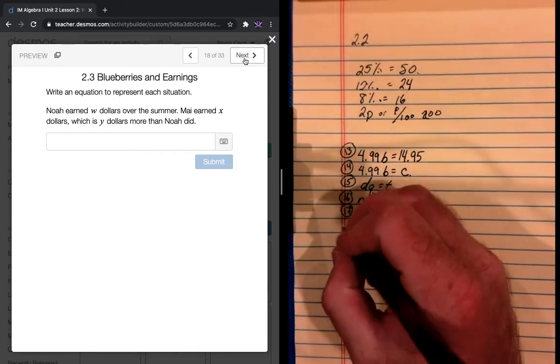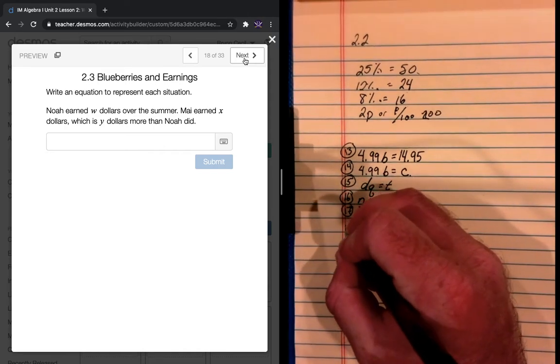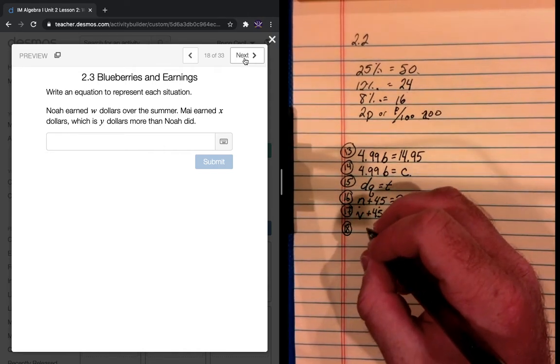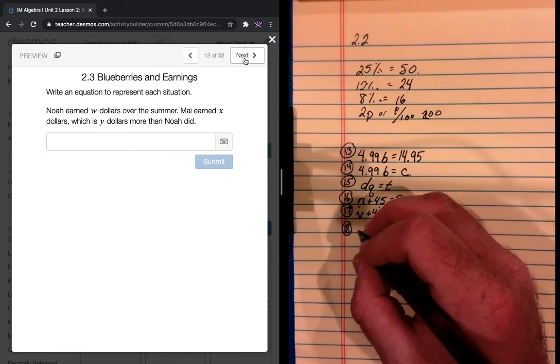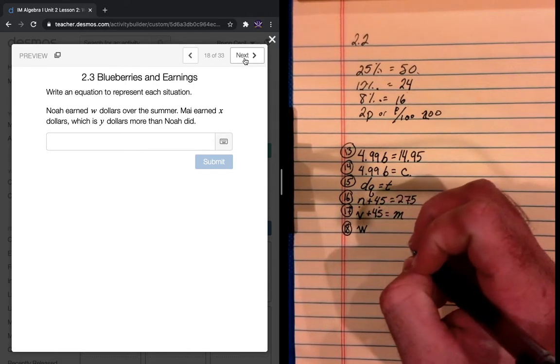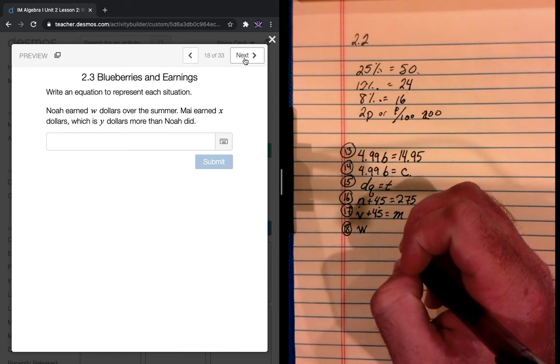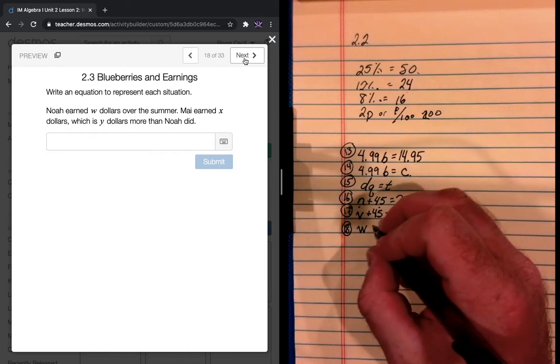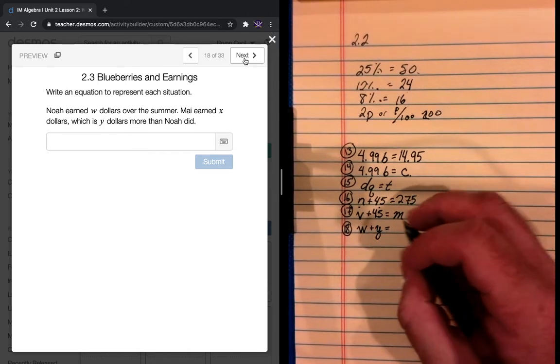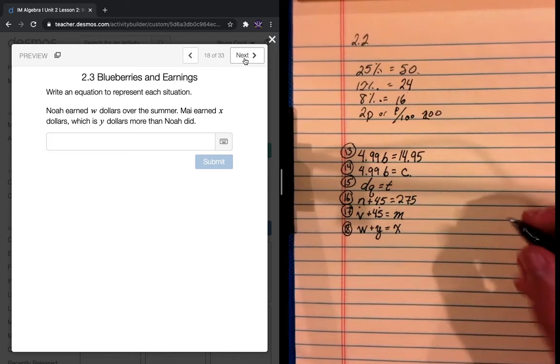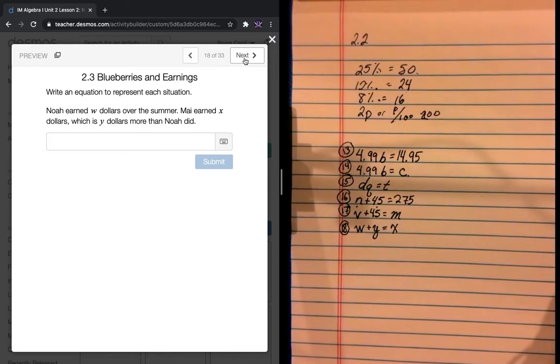And now to put it all together with all 3, okay, we have Noah, W, which is Y dollars more than Noah did, plus Y, and that's going to equal X. Now, you could have written those at home just practicing.